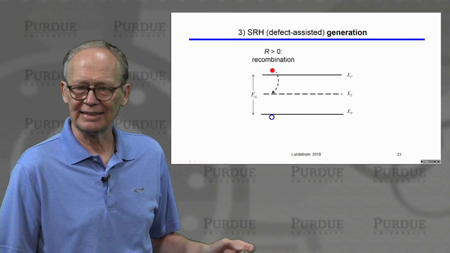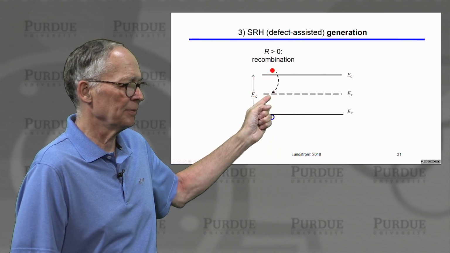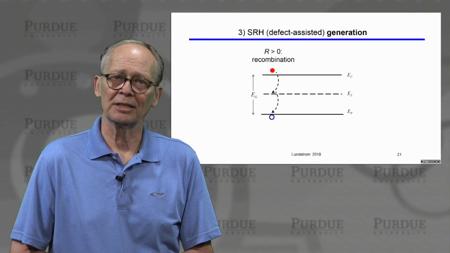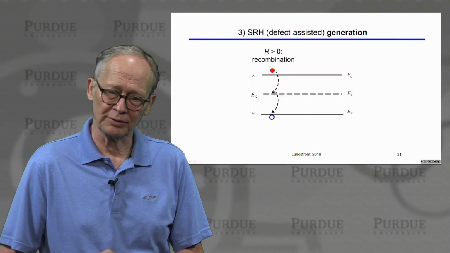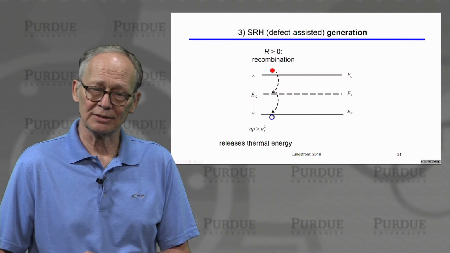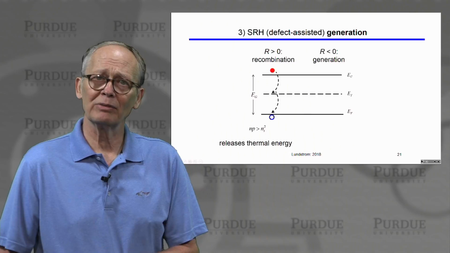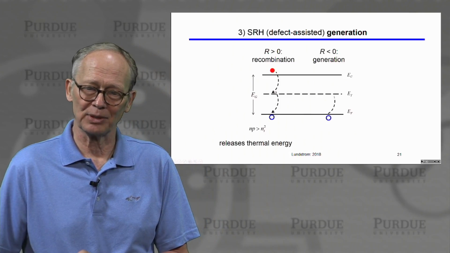We discussed the defect-assisted recombination this way. An electron in the conduction band hops down to a defect and then hops down to the valence band. In the process, we lose one electron in the conduction band and one hole in the valence band. That process releases thermal energy, and that occurs when np is greater than ni squared. However, there's an inverse process. In fact, in all of these mechanisms, there's an inverse process.